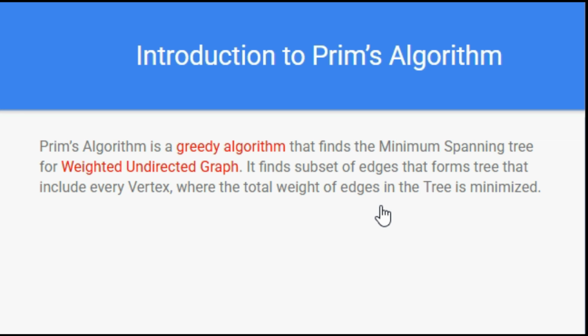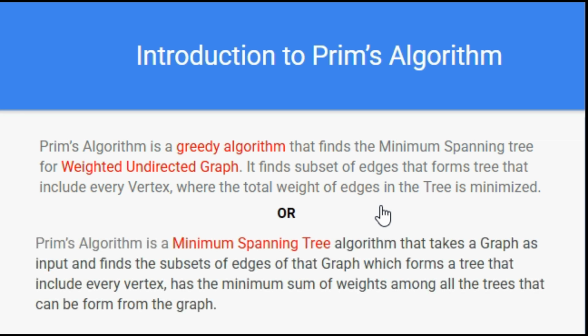There is one more definition: Prim's algorithm is a minimum spanning tree algorithm that takes a graph as an input. Yes, definitely it takes a graph as an input, and it finds the subset of edges of that graph which forms a tree that includes every vertex and has the minimum sum of weights among all the trees that can be formed from the graph.